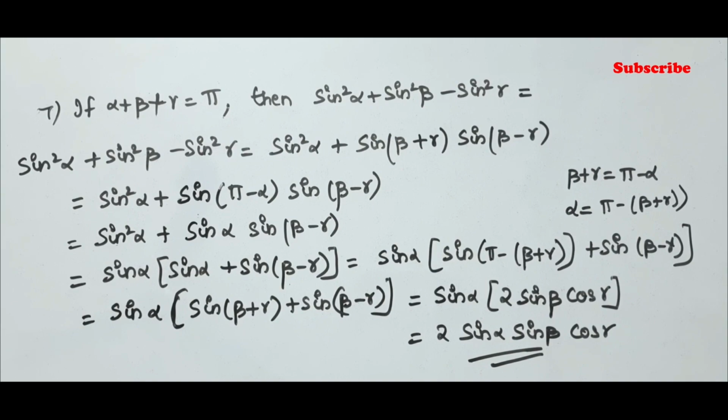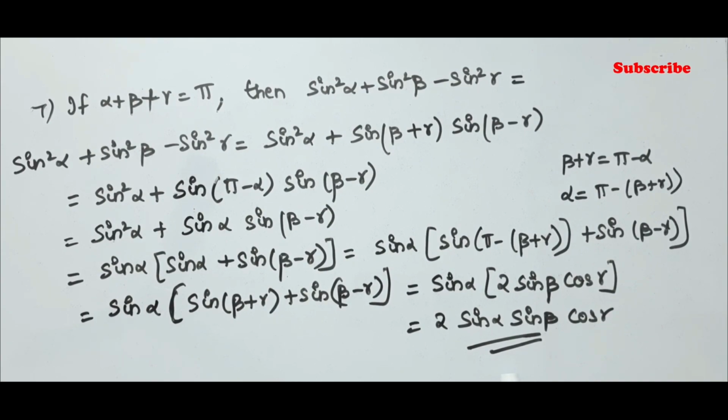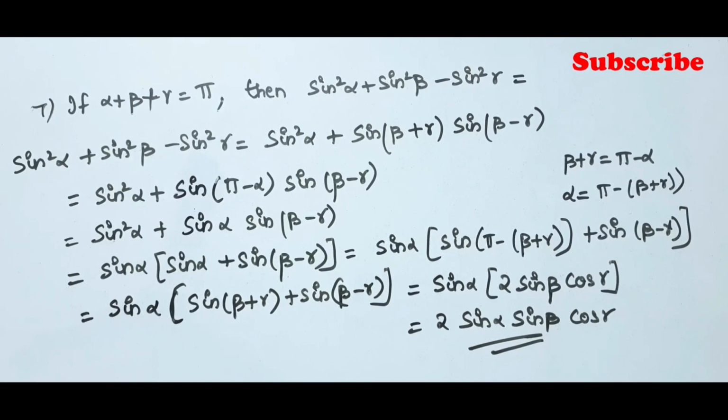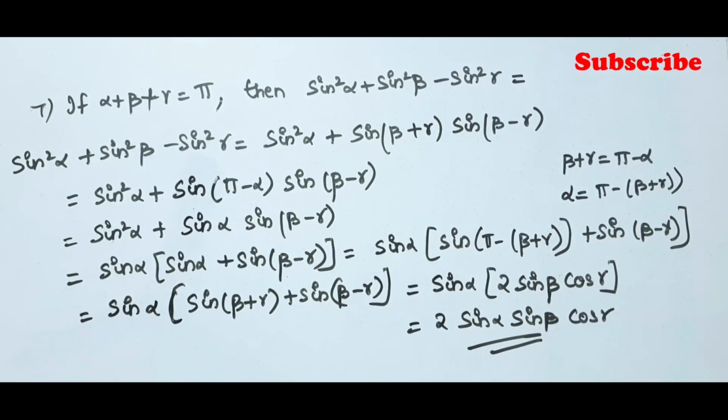Once I have done that, and using the condition and the transformation formula, I got the final answer. In this way you have to solve this type of problems. Hope you have understood after watching this video what the transformation formulae are, where we have to apply them for solving problems, and where we should not apply them.